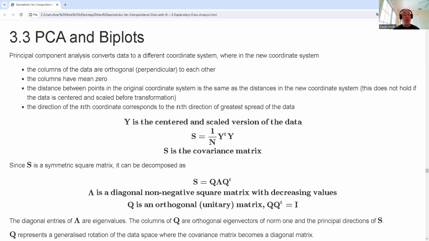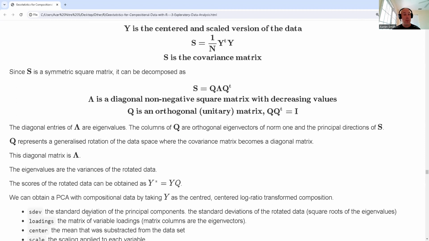Q represents a generalized rotation of the data space where the covariance matrix becomes a diagonal matrix. And the eigenvalues are the variances of our rotated data.